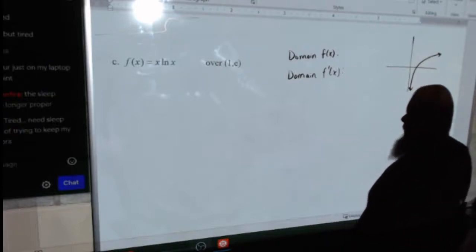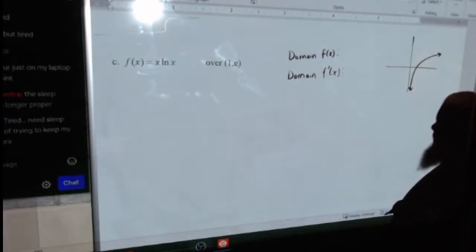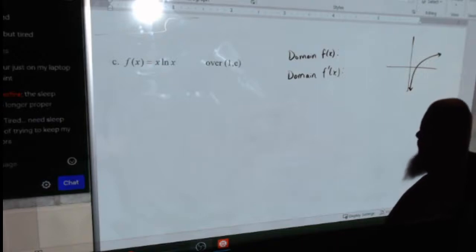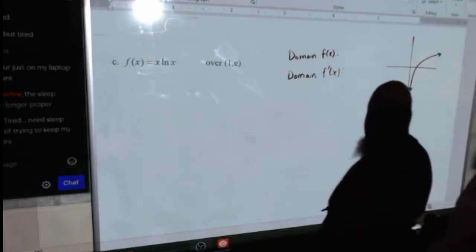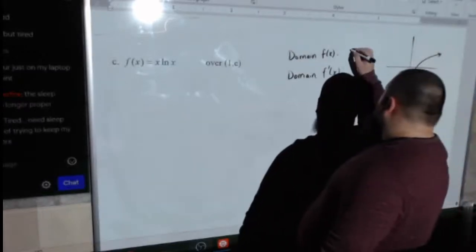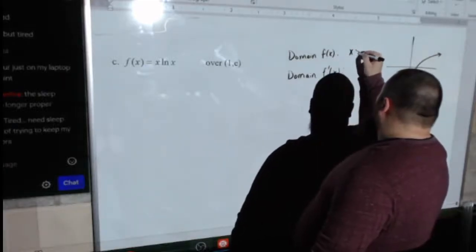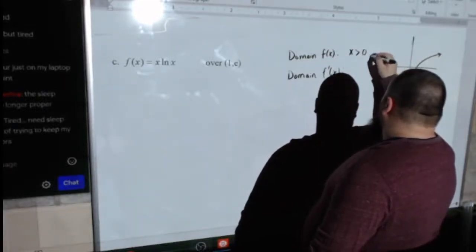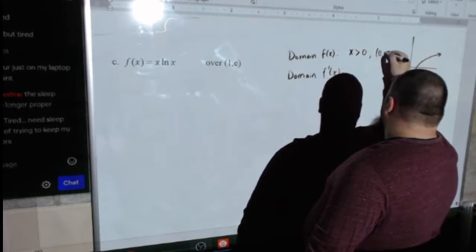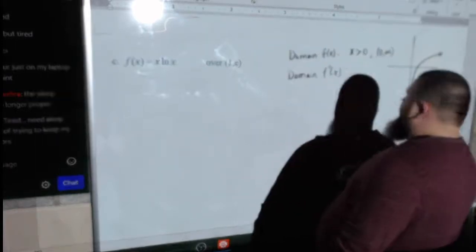So I can only plug positives and actually not 0. So the domain of my original function is x greater than 0, or in interval notation, 0 to infinity.